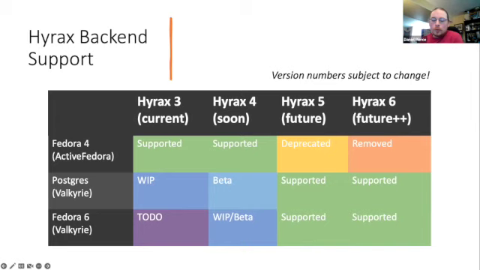That is yet to really be tested, but the plan is for there to be a major version of Hyrax that has both ActiveFedora support and Valkyrie support in a fully working capacity, in order to ease transitions. And eventually, ActiveFedora will be phased out. Next slide.